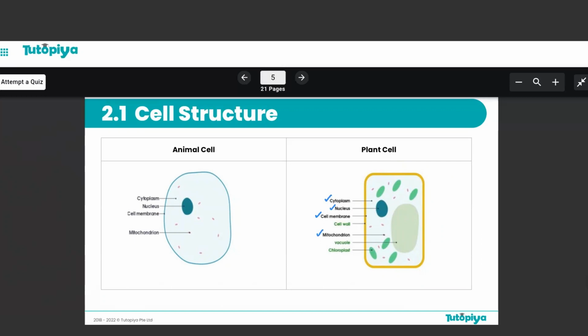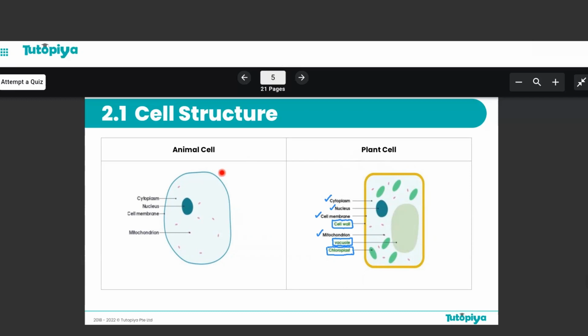But in addition to the above structures, it also has structures such as the cell wall, the vacuole, and chloroplasts. So there are a few additional structures that are seen in this plant cell that were absent in the animal cell.